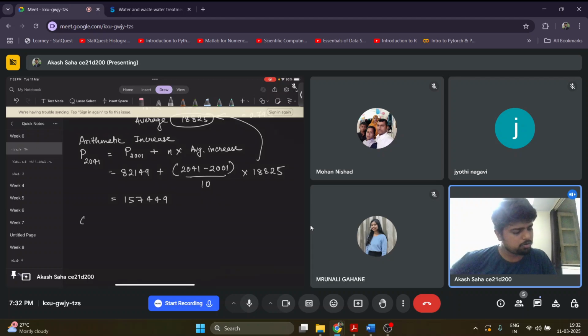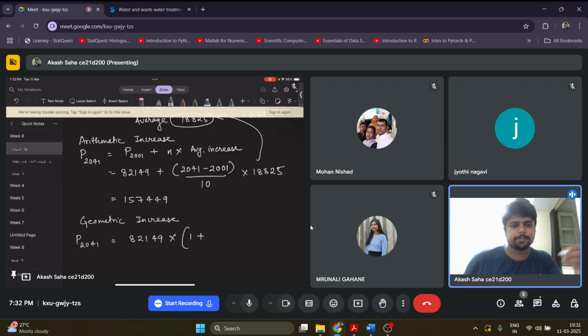So if we now do the geometric increase method, for population of 2041, it will be nothing but 82149, whatever population is given for the last decade, into 1 plus whatever the geometric mean you got, 0.795, to the power the number of decades from where it is given.